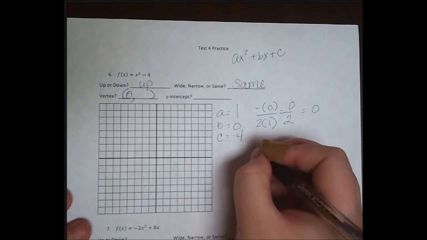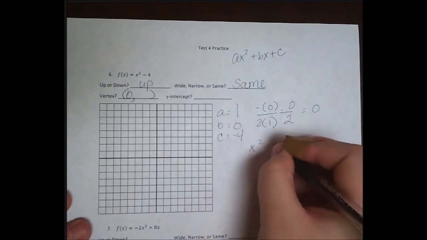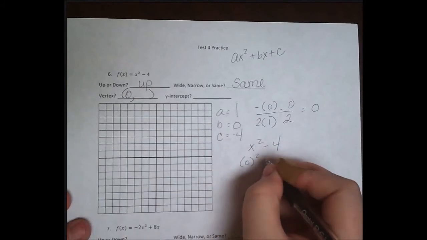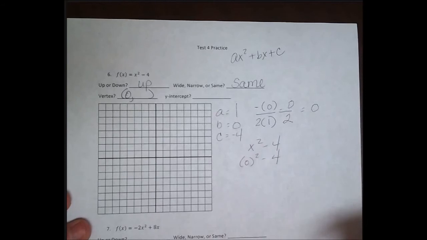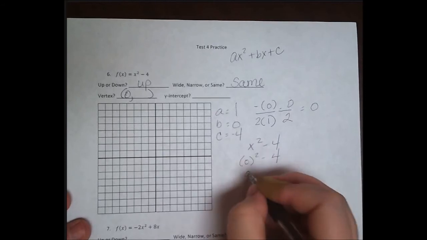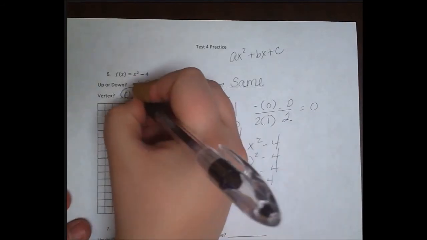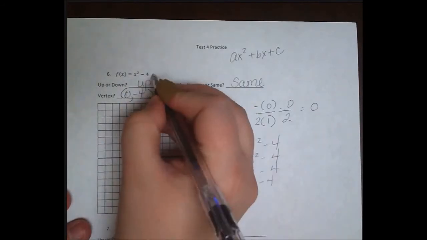Then, to find your next point, you plug in that 0 for your x. 0 squared is 0. 0 minus 4 is negative 4. And your y-intercept is negative 4.